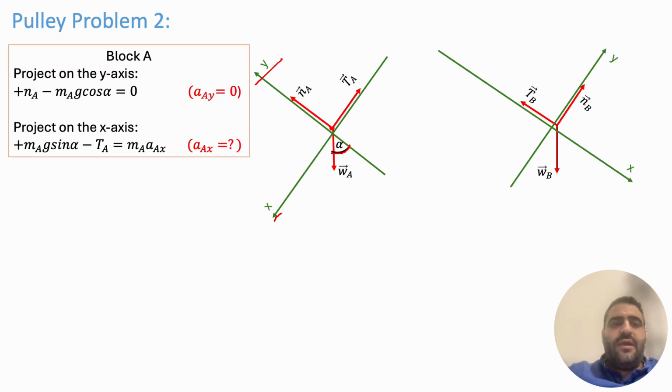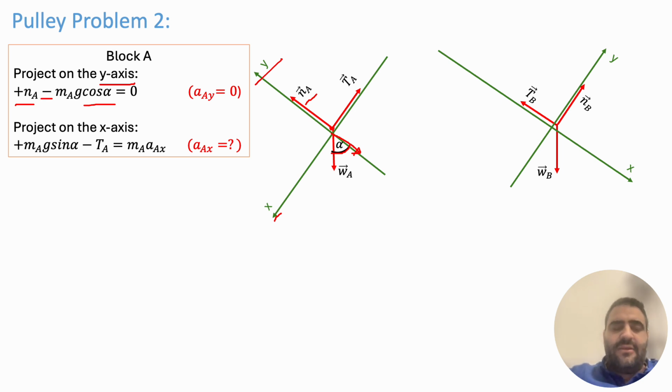So I start with the y-axis. When I project on the y-axis, first NA is in the positive y-axis, so we have plus NA. WA, when I want to project it on the y-axis, this is its projection on the y-axis. I'm projecting adjacent to the angle alpha, so I got cosine alpha, and I'm pointing in the negative y-axis, so I got a minus sign here.